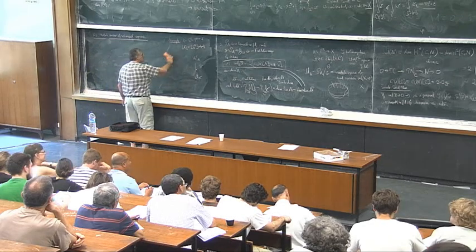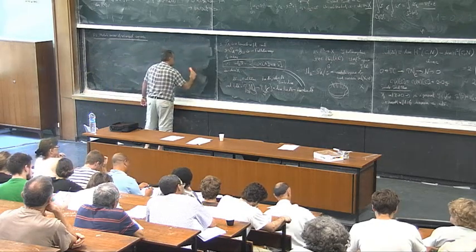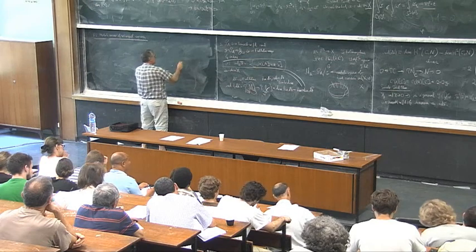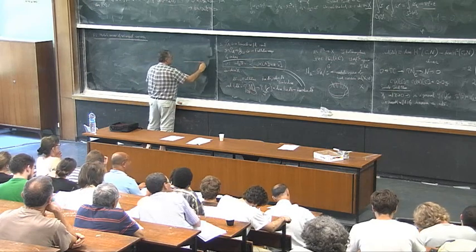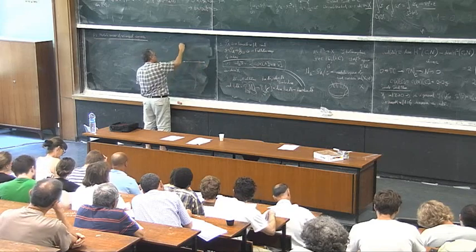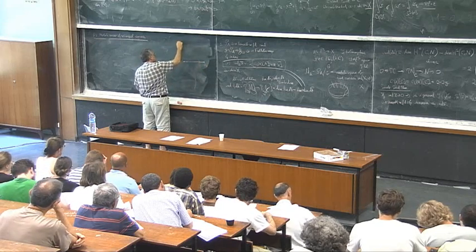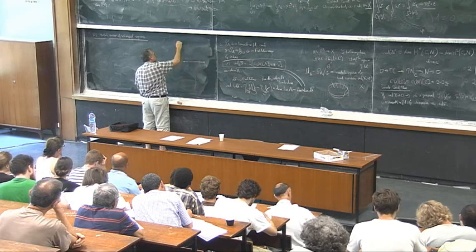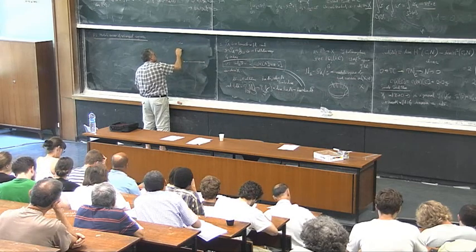So the typical situation is this. Suppose this is a curve of structures. Here you have two curves, C1 and C2.